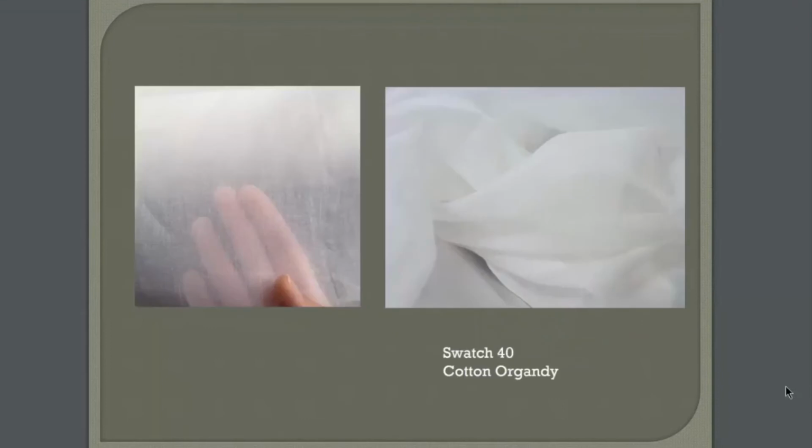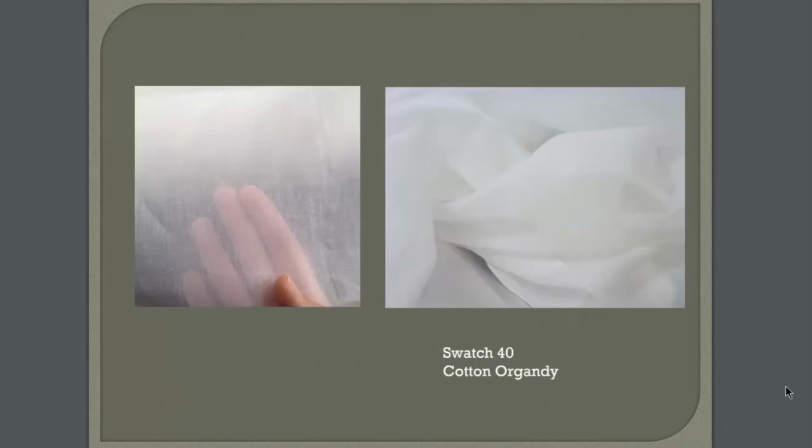Another example of a plain weave is swatch number 40 called organdy. Organdy is a lightweight, plain weave cotton fabric made with a stiffening finish. That's the key point there. The finish makes it the sheerest of the cotton fabrics.